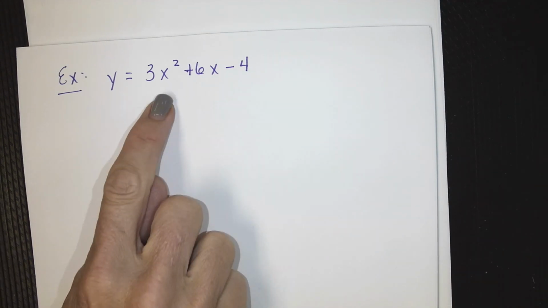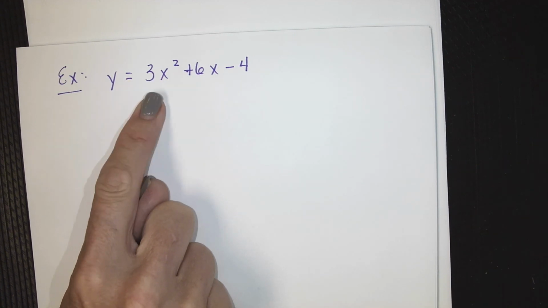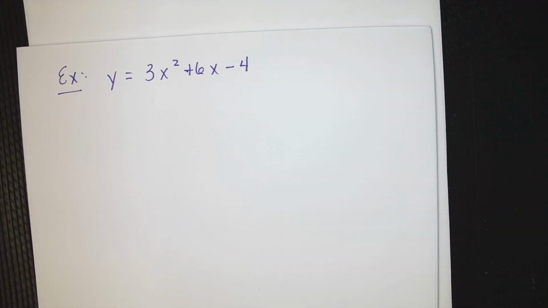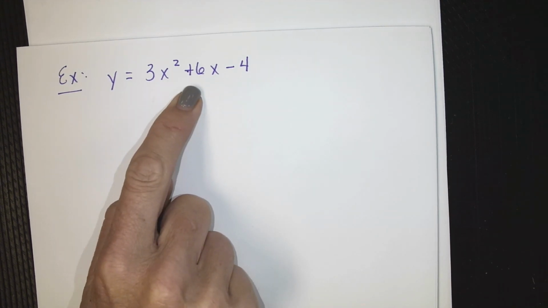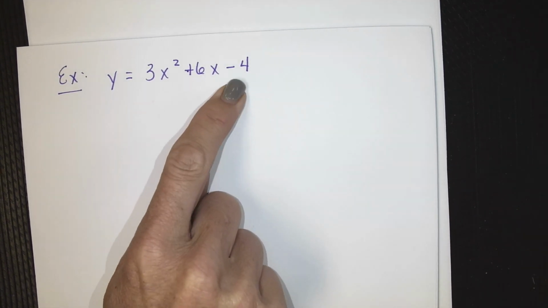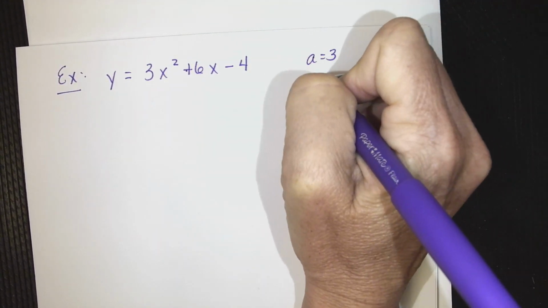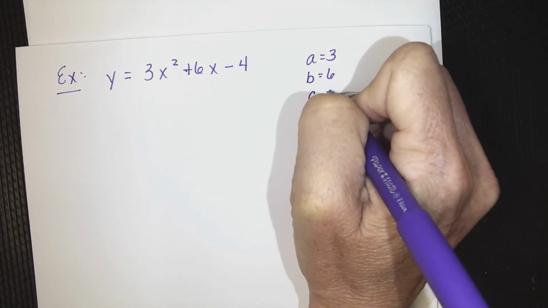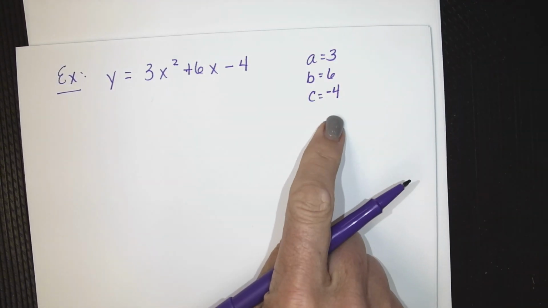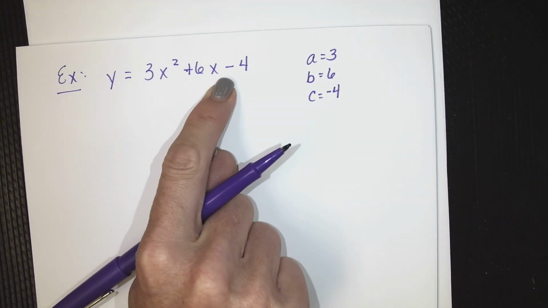You want to look and see if this squares first. This is a trinomial because how many terms does it have? A is 3. What is B? 6. C is -4. I'm going to write that up here because that's helpful. We did that last chapter. Where can we make a mistake here? The negative. Don't forget the negative.